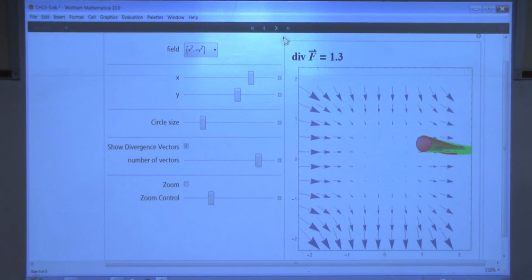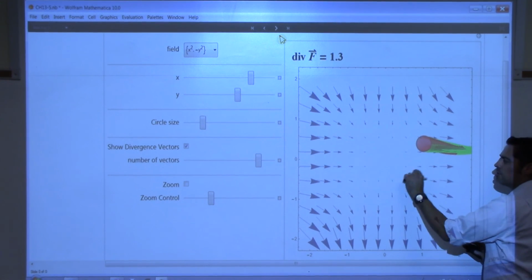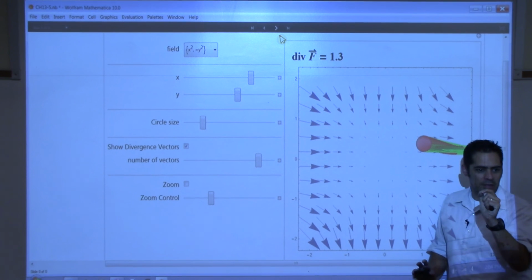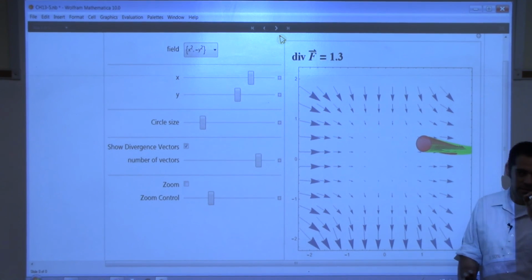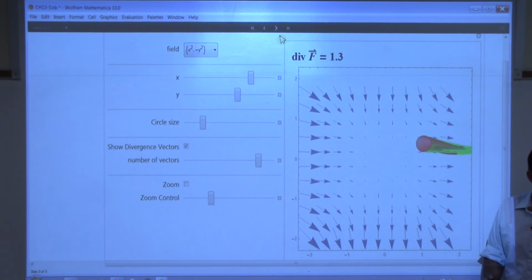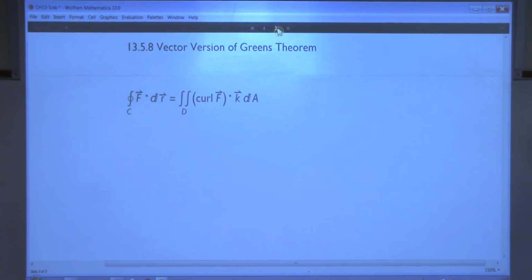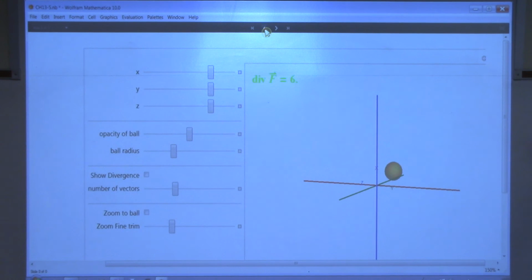All right, what is this in three-dimensional space? Instead of on a flat piece of paper and a point and a little circle, it's going to be three-dimensional space, a point and a sphere, a little ball around it. Well, I took the time to put that together a couple of years ago. Here it is.